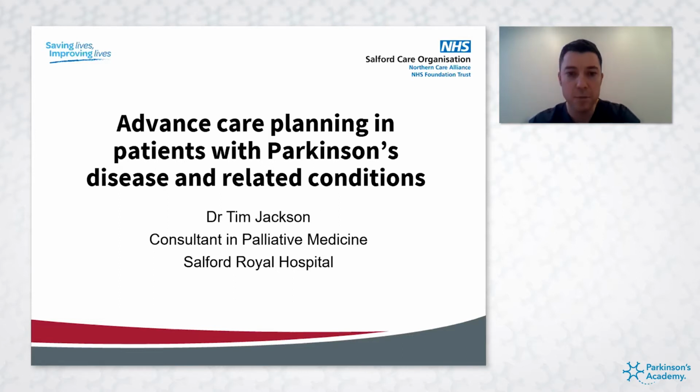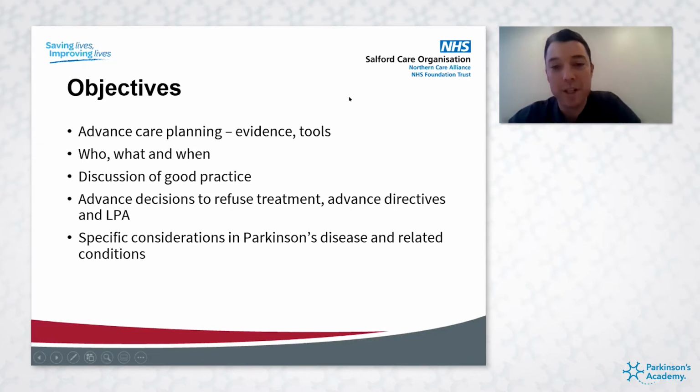So in terms of objectives, we'll talk a bit about advanced care planning in general. We'll talk about some of the specific evidence for advanced care planning, both more generally and in Parkinson's disease. We'll talk about practical tips, nuts and bolts on how we would approach advanced care planning, and some of the points that I use in my own practice around that.